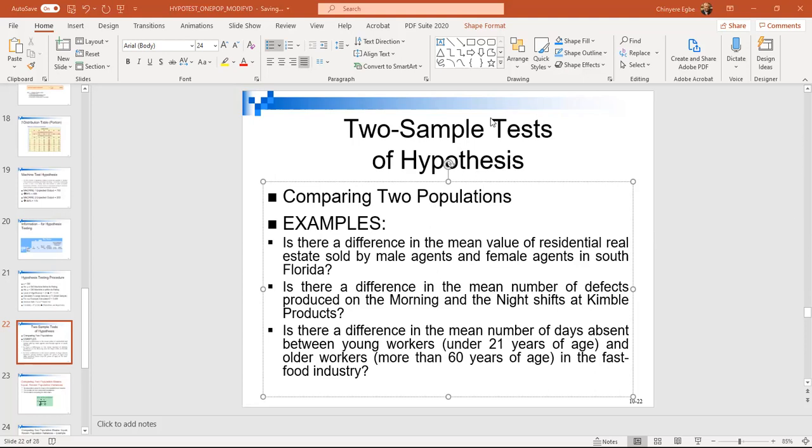All right. So, and this is an example of what we mean by hypothesis testing for two populations. All right. So how do you go about that?